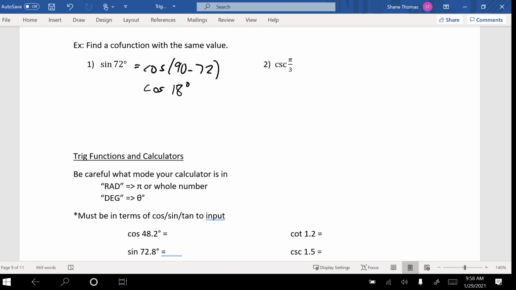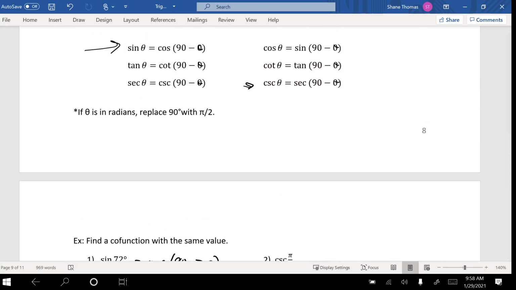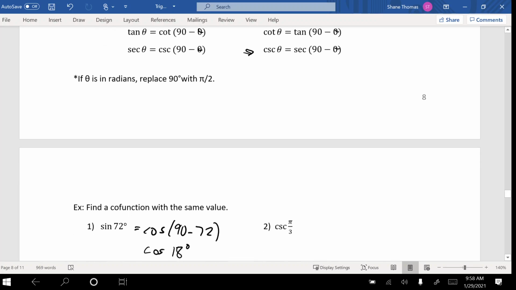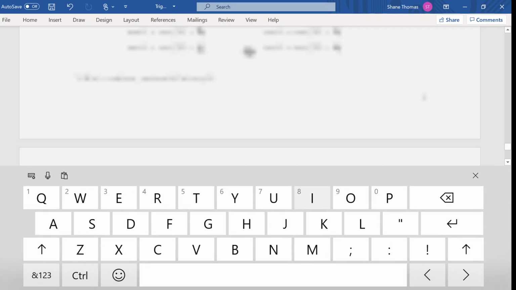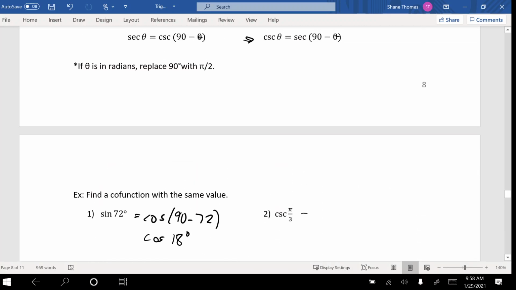How about cosecant of pi over 3. Well, cosecant is paired with secant. Okay, so cosecant would be equal to the secant. Now I have radian measure here because I have pi over 3, so I need to make this pi over 2 minus pi over 3. All right, this just replaced my 90 degrees.